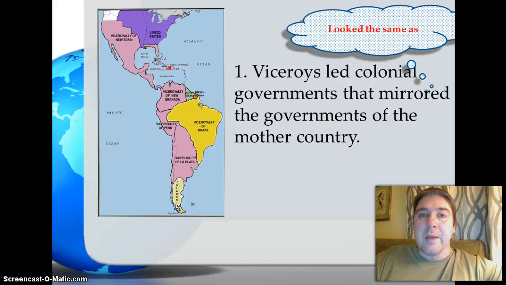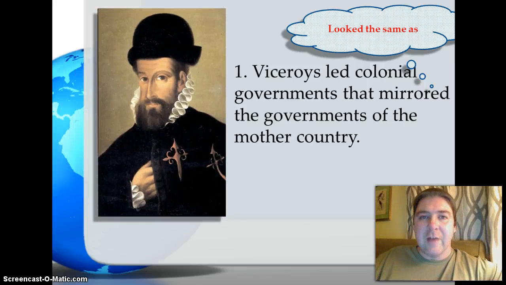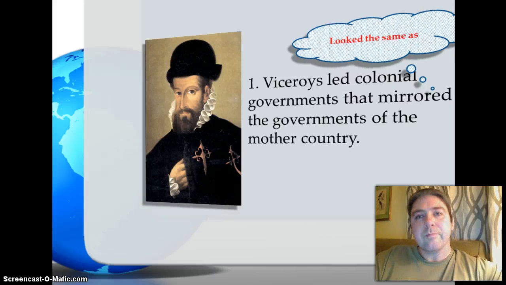Okay, so these were the big organized areas within the Spanish, and in the case of Brazil, Portuguese empires. And as we mentioned in our essential understanding, the viceroy, basically the second king who ruled in place of the king here in the colonies, had an incredible amount of control over these viceroyalties.